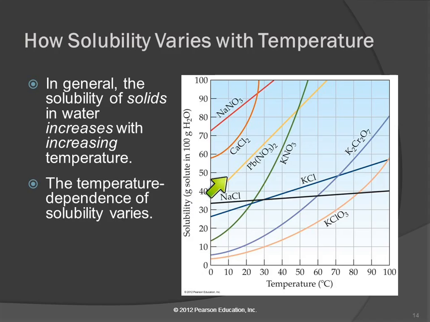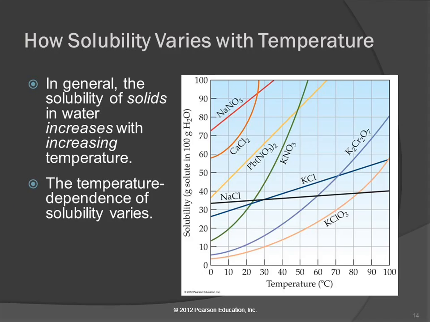And then as you increase the temperature, the solubility goes up until we get here at, 65 degrees Celsius? The solubility of lead nitrate is 100 grams per 100 grams of water. So as you heat it up, it becomes more soluble. You can get more in.